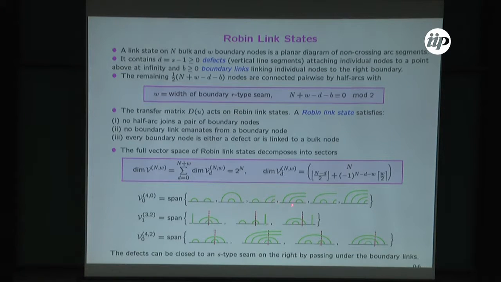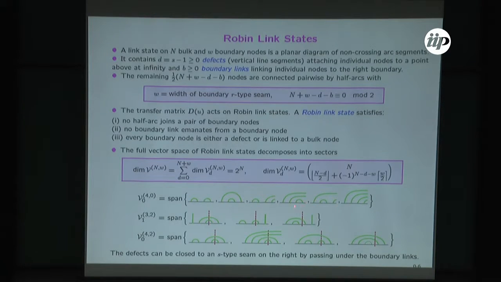So you can see that there are these boundary links. We need such linked states because we will want to act with the one boundary Temperley-Lieb algebra, which has a non-trivial action on these boundary links. The remaining half of n plus w minus d minus b nodes are connected pairwise by half arcs, such as these.